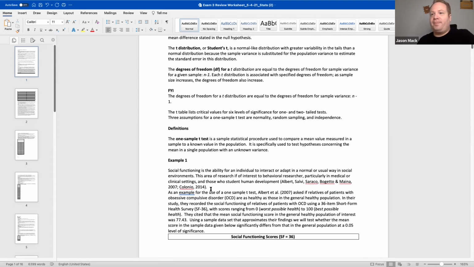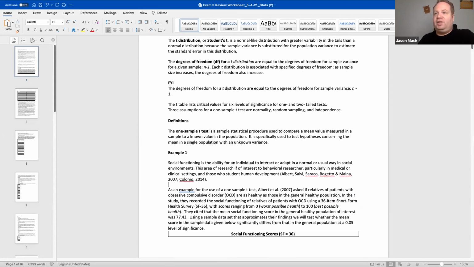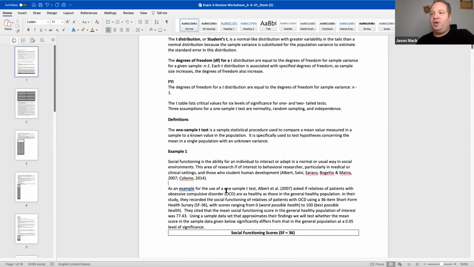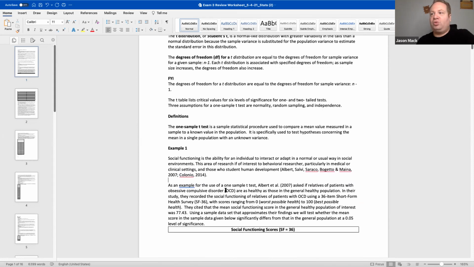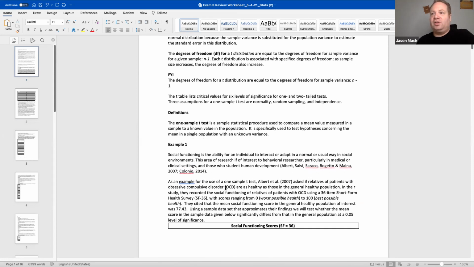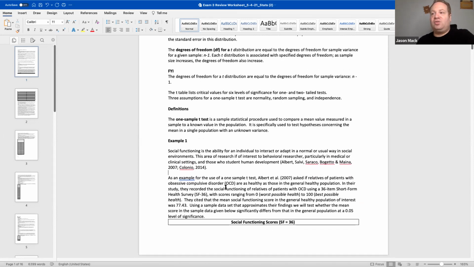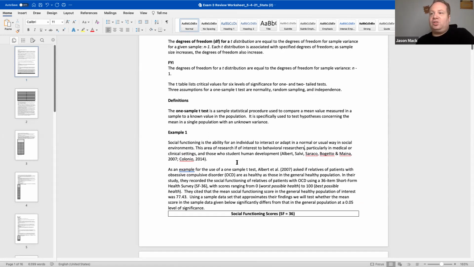Example number 1. Social functioning is the ability for an individual to interact or adapt in a normal or usual way in social environments. This area of research is of interest to behavioral researchers, particularly in medical or clinical settings, and those who study human development.